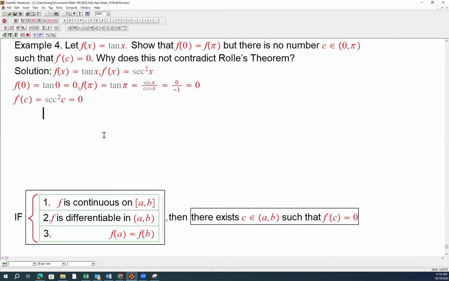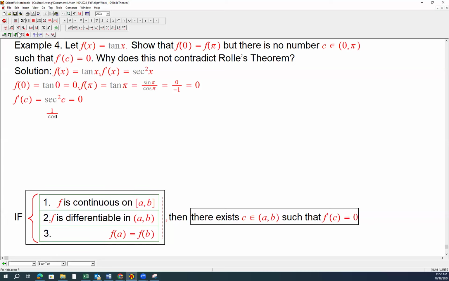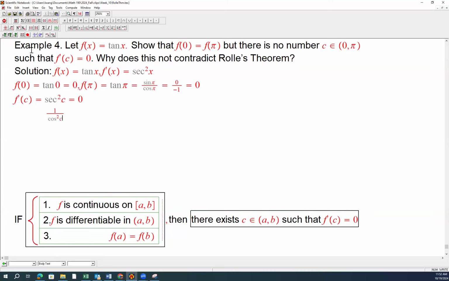Secant squared c is equal to 1 over cosine squared of c, and that equals 0. The numerator is 1. The denominator can never be 0. So there's no solution. The statement in the question is correct: such a c does not exist.